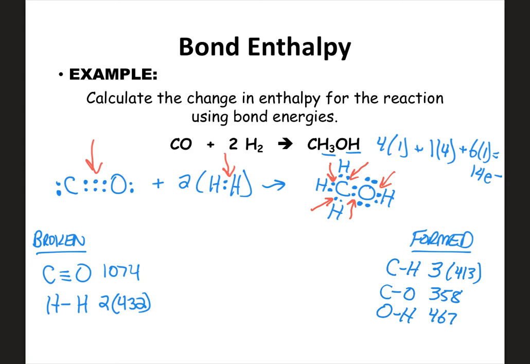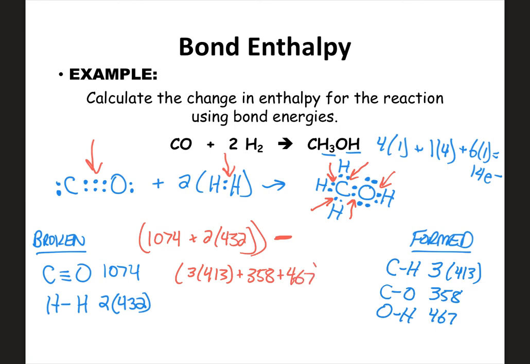So remember, when we do this here, it's all the broken minus all the formed. You got to add up all the broken first. So I have the 1,074 plus 2 times 432, and you got to add those all up first, minus all of the formed. So it's going to be 3 times 413 plus 358 plus 467.